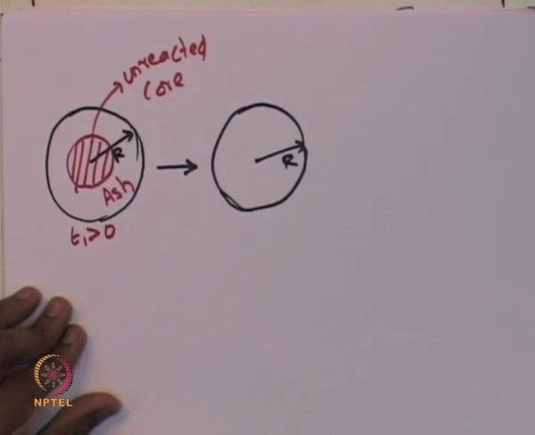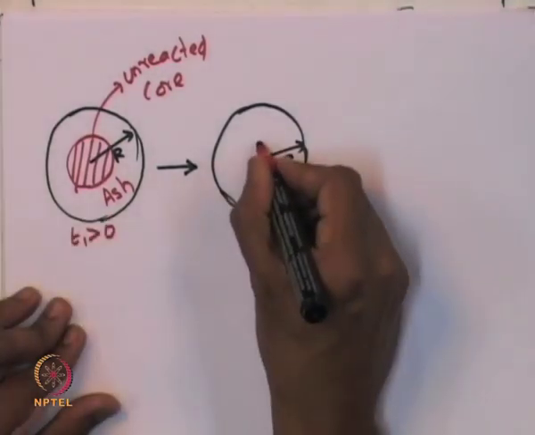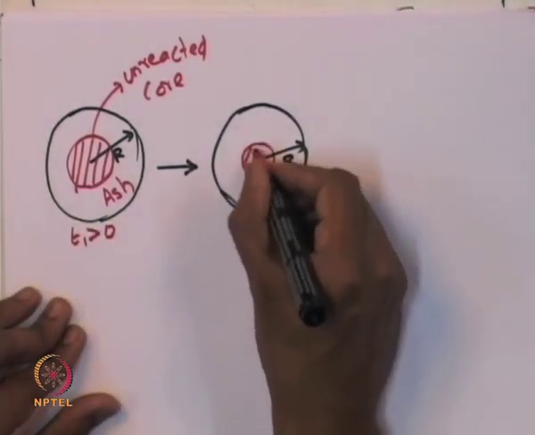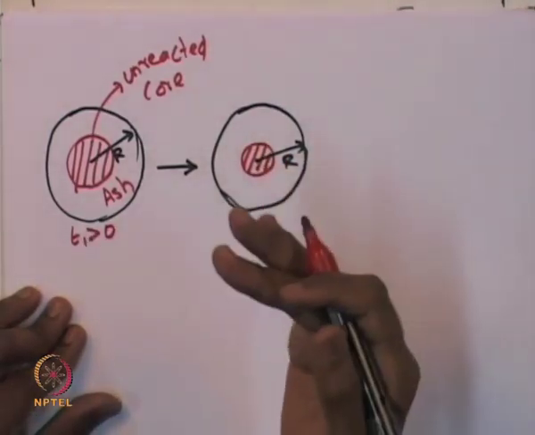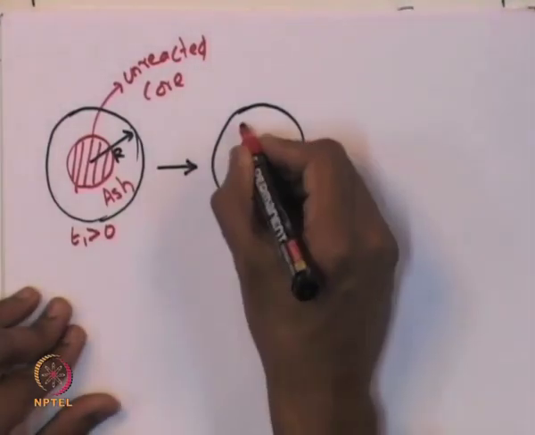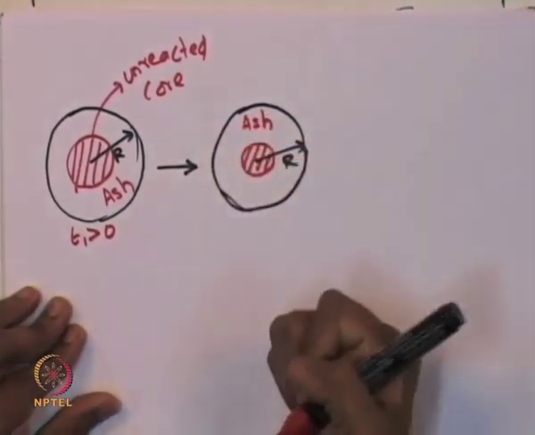So, now the unreacted core will start shrinking in size because the reaction front has started moving towards the center of the solid particle, and there will again be ash outside this.